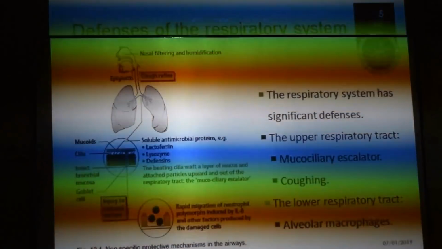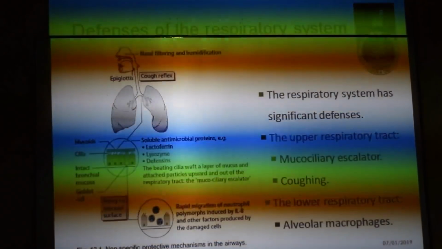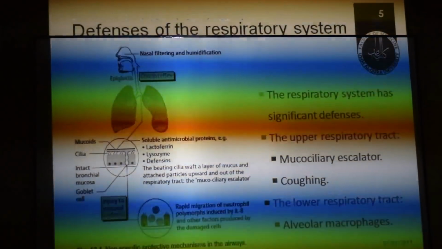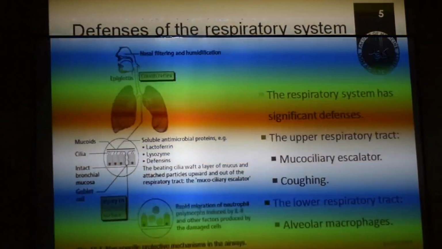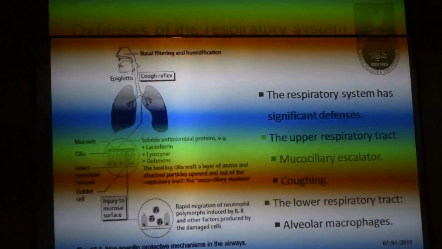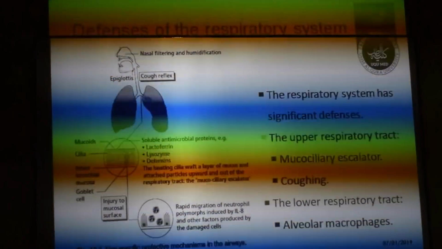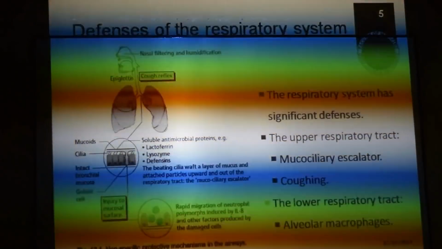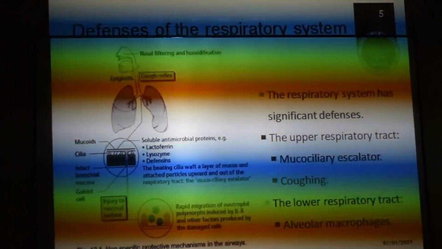And then certain reflexes like the cough reflex are a protective mechanism. If an irritant enters, the cough is going to push it out. And then finally the lower respiratory tract, the air spaces, have macrophages, which are non-specific defense mechanisms. So alveolar macrophages in the alveoli are your non-specific defense mechanism.